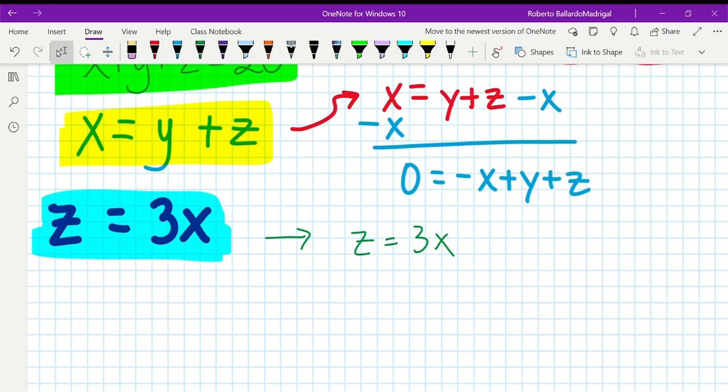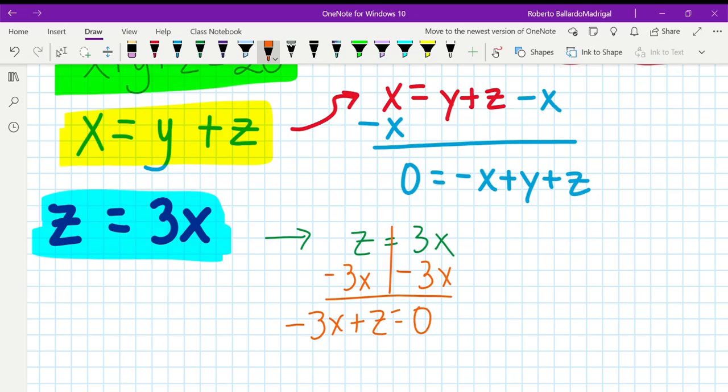That's how I'm able to move terms around. We okay with that? So it's going to look something like this. We'll subtract 3x from here and 3x from here. And then that'll give me negative 3x plus z equals 0.